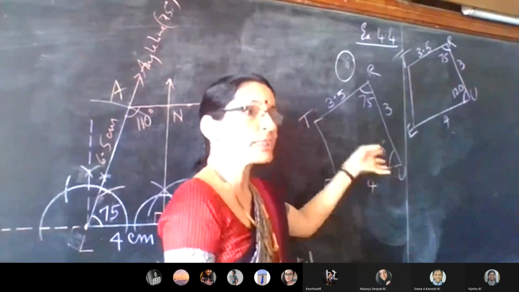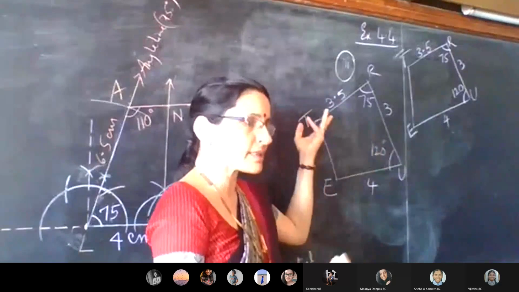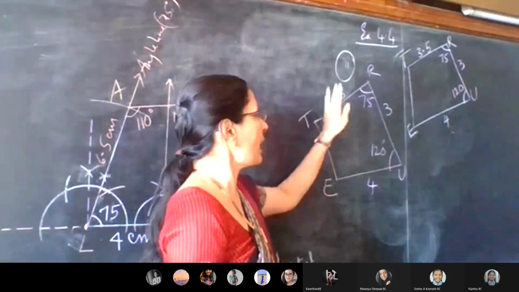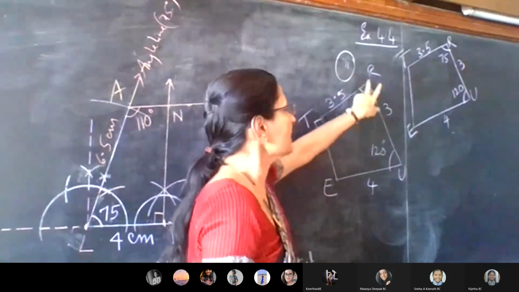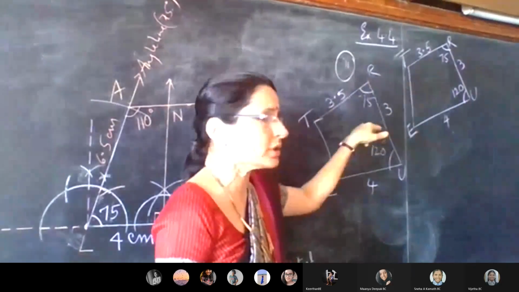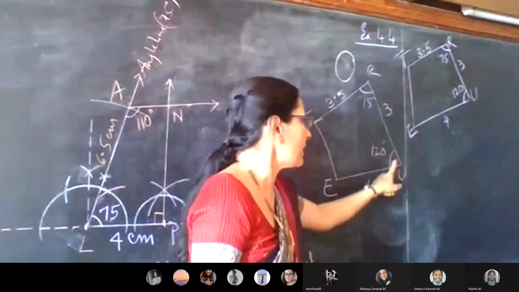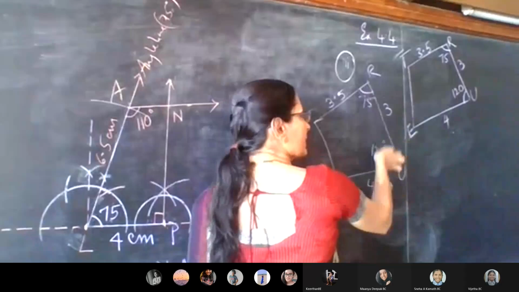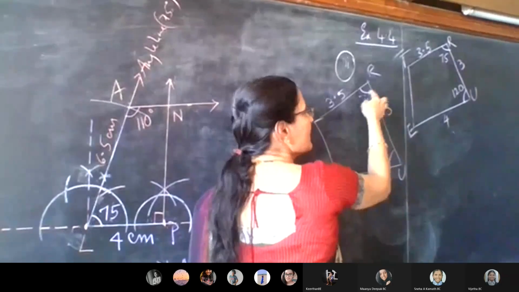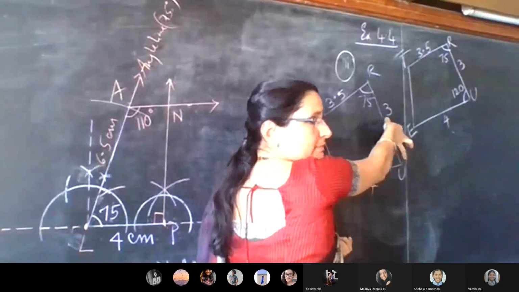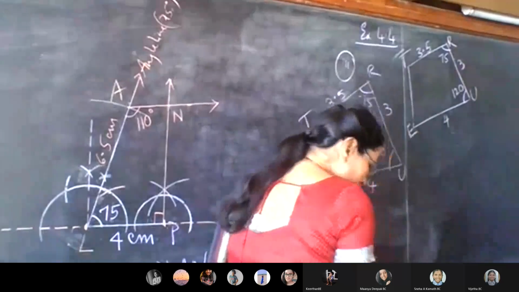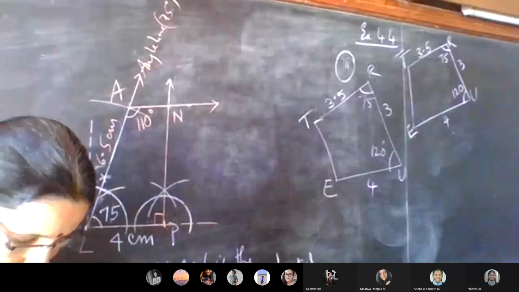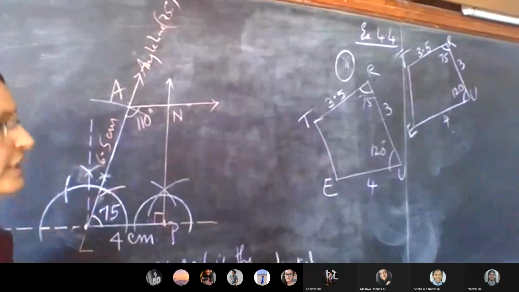So we can do it. There is every data to help us continue. There is no question of finding something. Three things known, angle, side, angle. This side is the included side between these two angles. This angle is the included angle between these two sides. So that is what congruence is. So it is agreeing with that. So we can go ahead with this construction. Which way to start?